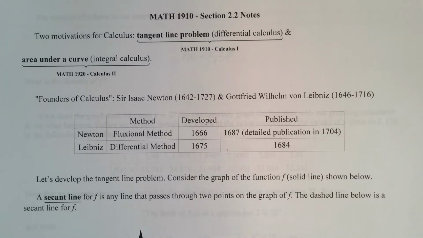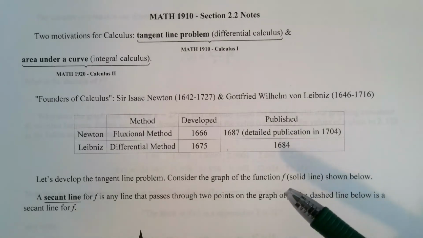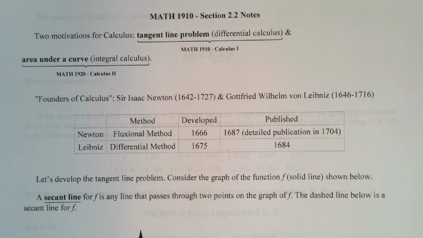Calculus itself as a subject is about 400 years old or so. You can see here the founders of calculus. I've got that in quotes because, again, developments in mathematics were gradual over time through many people.